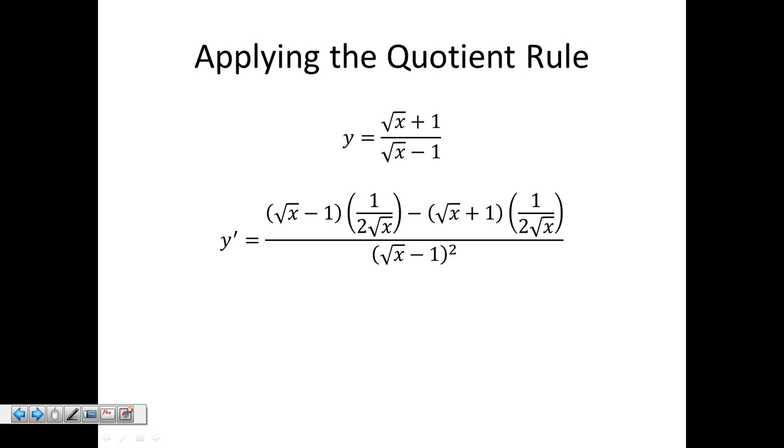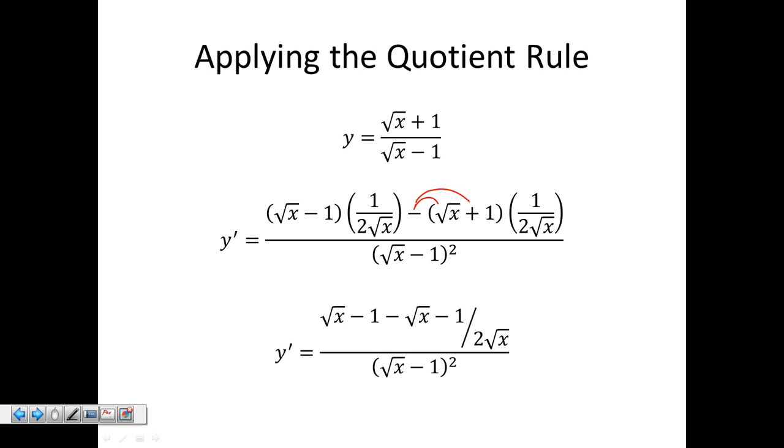Now on the top you're looking at this and you're going, holy crap, I got little fractions on the top of this big fraction. Hey, they've already got a common denominator of 2 square root of x. So let's go ahead and just combine those fractions on top. I've got the square root of x minus 1 minus, now remember this minus gets distributed, so it's minus the square root of x minus 1.